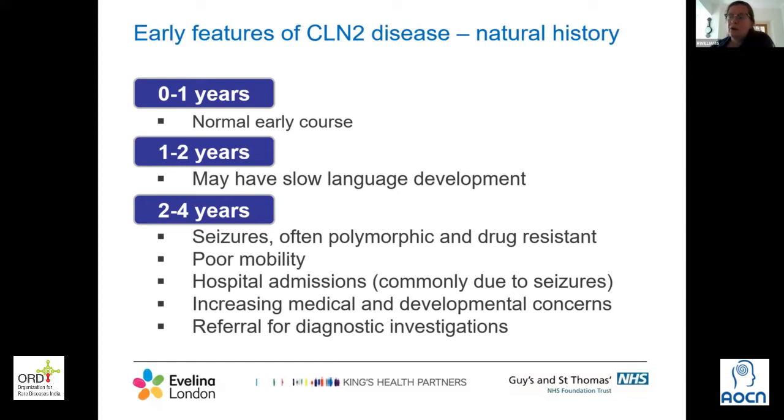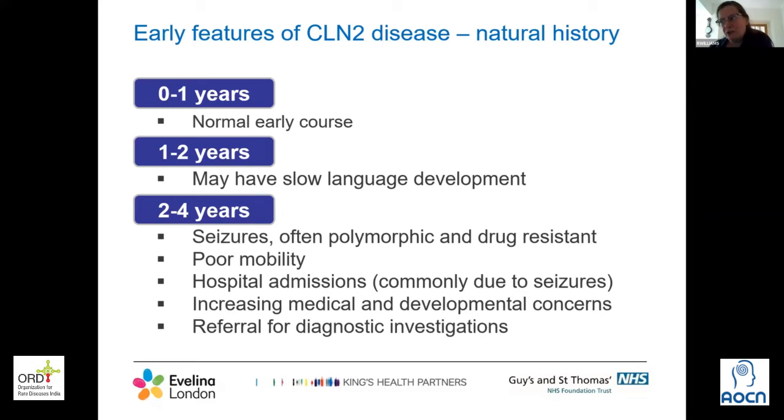The seizures are often multiple seizure types, and quickly it's recognised that they are drug resistant. Following the onset of seizures, the children lose mobility, they become more unsteady, they develop myoclonus late, but perhaps they have a subtle myoclonic ataxia earlier, and often that is put down to the frequency of the seizures or the medication that's used to treat seizures.